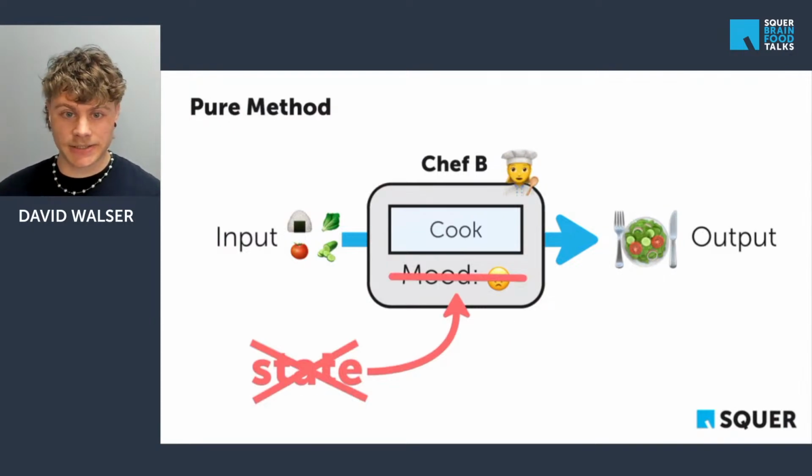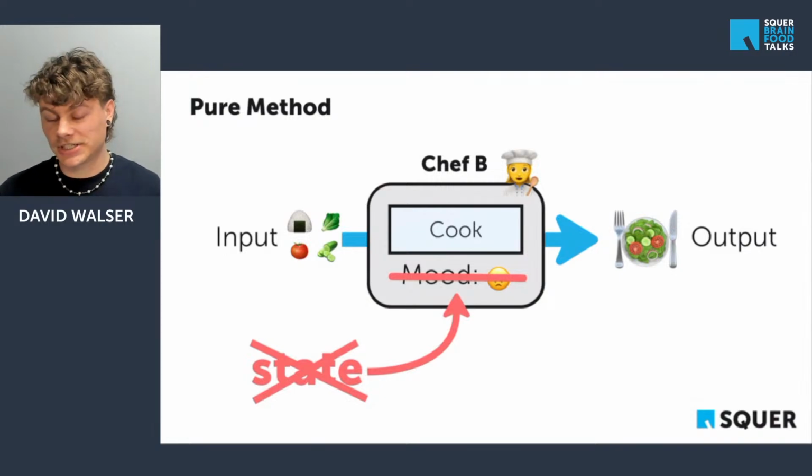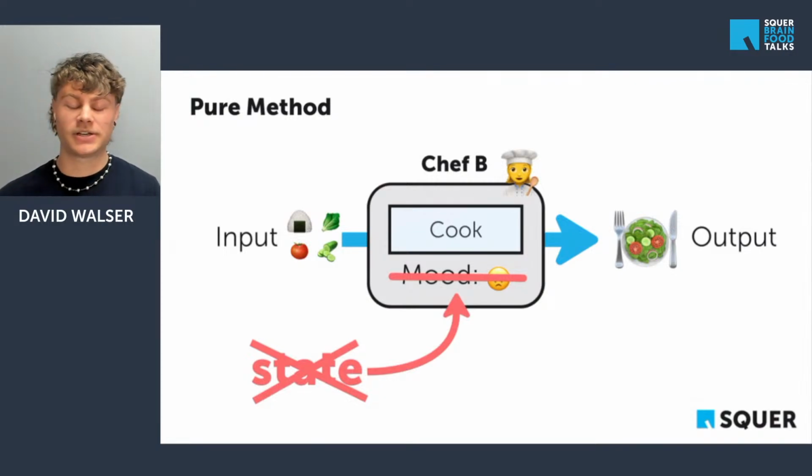On the other hand, there's another chef known, and she is known not to have any mood swings. So if we give her the same ingredients, she will always end up creating this amazing salad. She does not have any mood, so the output will always stay the same, given the same input parameters.